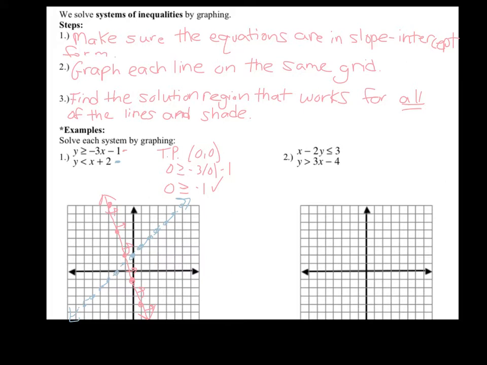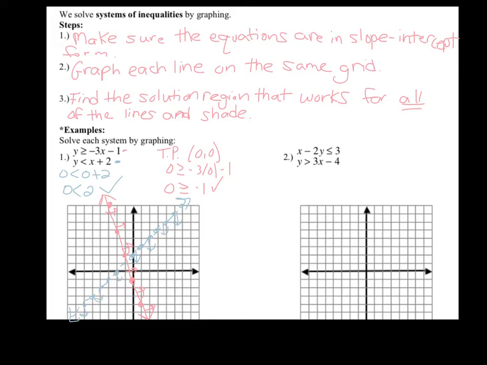Again, I can use that same test point, so if I plug in 0, 0, and I can use that same test point because 0, 0 is not on this line either. I simplify and get 0 is less than 2, which is true. So I will head towards 0, 0 for this line as well, which would be below it.